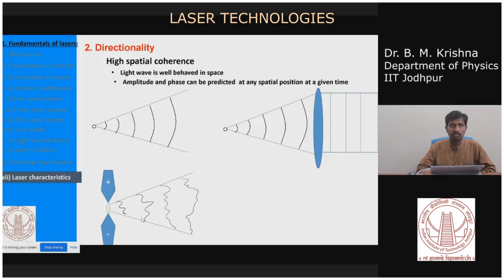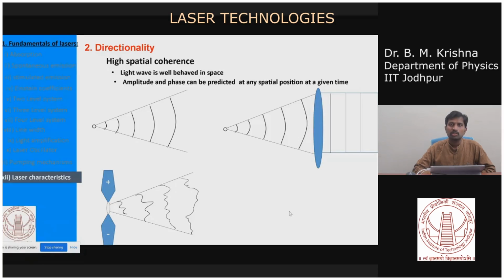That is the difference between conventional light sources and your laser beam. Spontaneous emission occurs at different times and in different directions, so you don't have phase information locked.